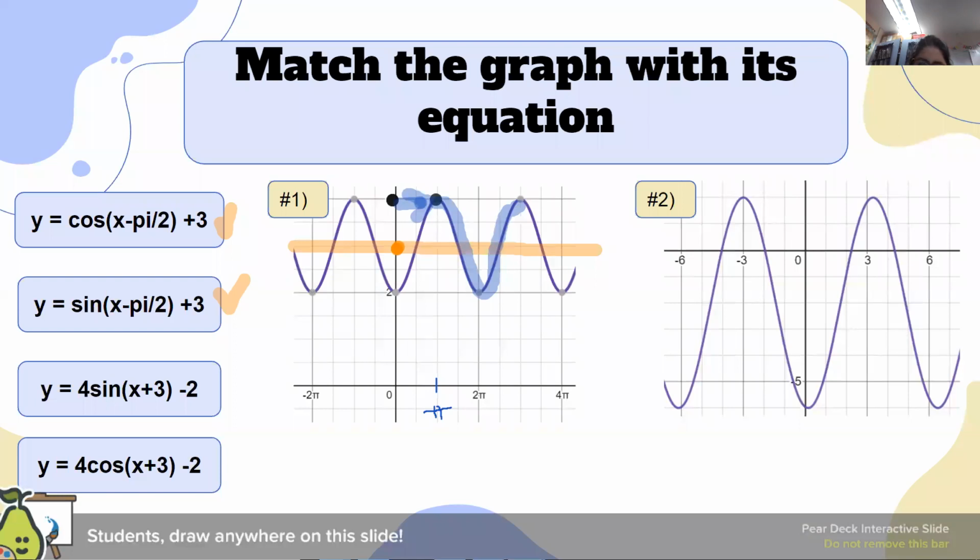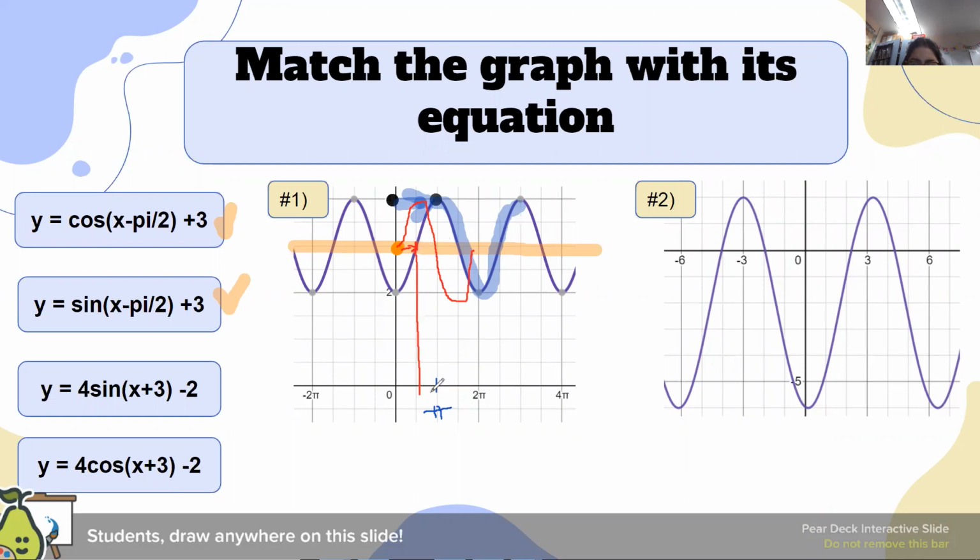It's a little tricky to see, but normally our sine graph would do the following, right? If we were working with sine, it would start at 0, go up to 1, and then come back down and finish by 2 pi. So I notice that I can move my graph over a little bit right here.